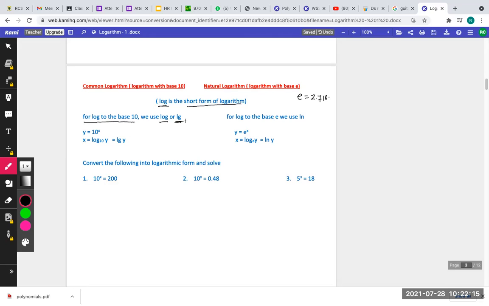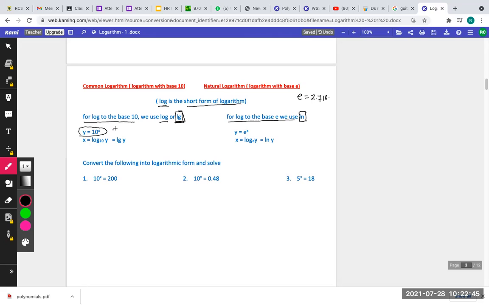This is the most commonly used one, lg. lg means log with base 10, meaning it's a common logarithm. At the same time, for log to the base e, we write ln. So if you see ln, remember that is a log with base e, or otherwise I could say it is a natural logarithm.